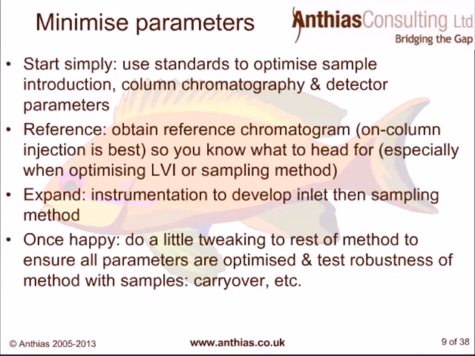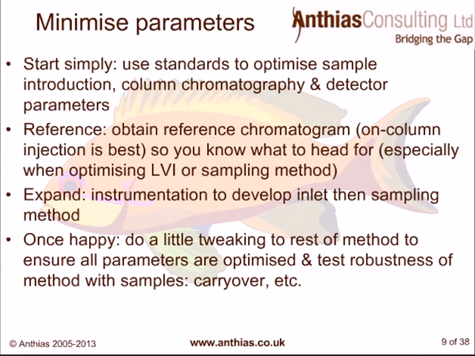Expand your instrumentation to develop your inlet and your sampling methods. So you're really working backwards, but you're not fully optimizing each part of your method until you've got the method as a whole. Once you're happy that you can see everything at a reasonably high concentration, you can then start reducing your concentrations, and start tweaking the rest of the method to ensure each of your parameters is optimized.